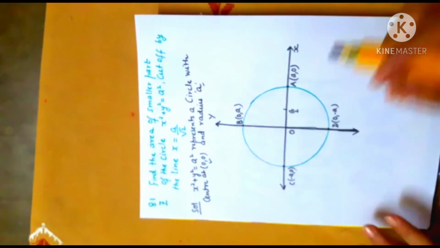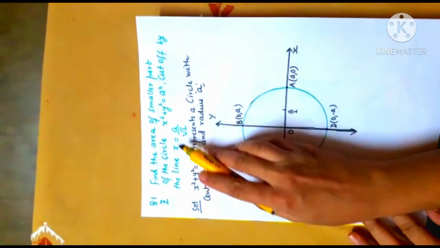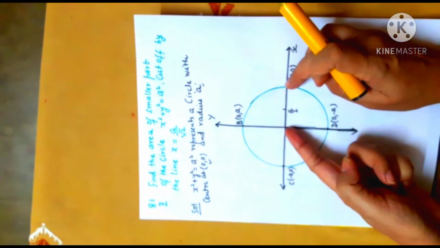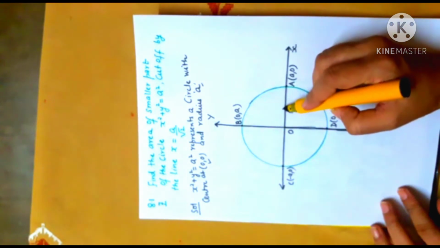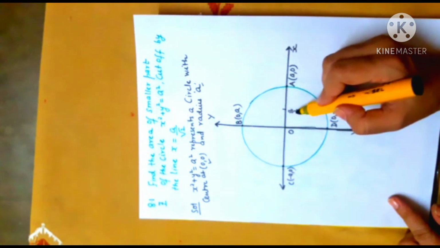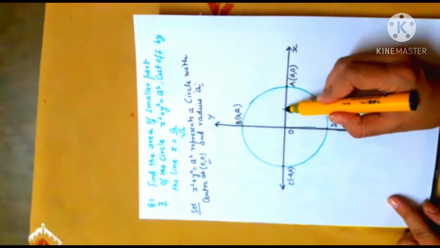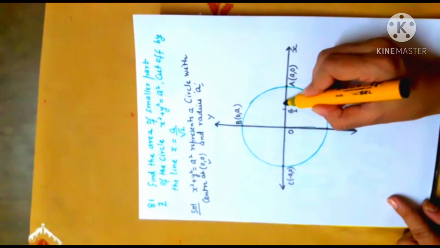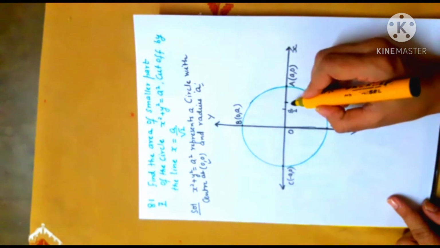Now I have to draw the line x equals a over root 2. This distance is a. Let this be a by 2. Then a over root 2 will be greater than a by 2. So it will be somewhere here, right?